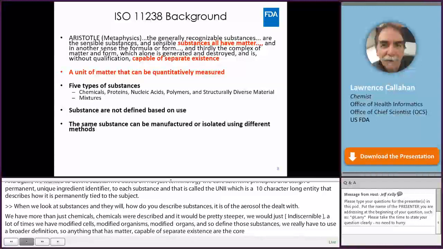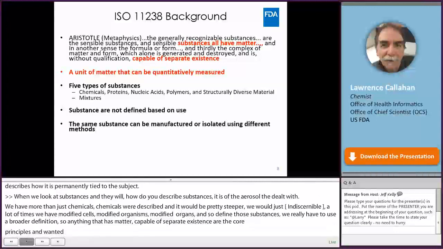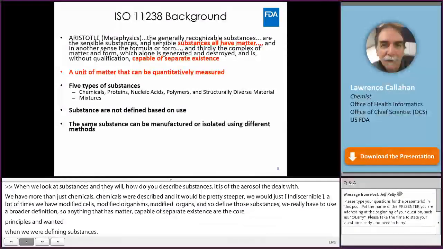And we looked at substances and divided them into 5 groups. Everyone goes in at least one box. You can certainly be in more than one box, but you have to go in one box. You can be a chemical, a protein or peptide, a nucleic acid, a polymer, or a structurally diverse material. And we assign each substance into one of these boxes. We can have alternative definitions. For instance, a short peptide could be both a protein and a chemical.